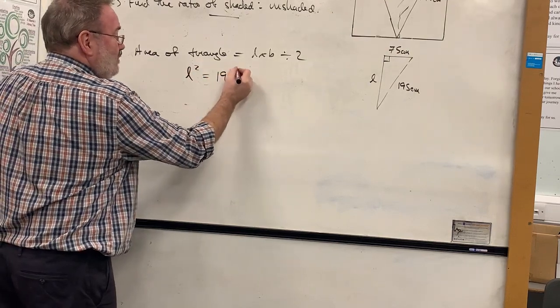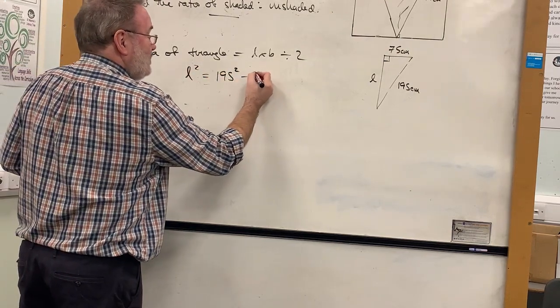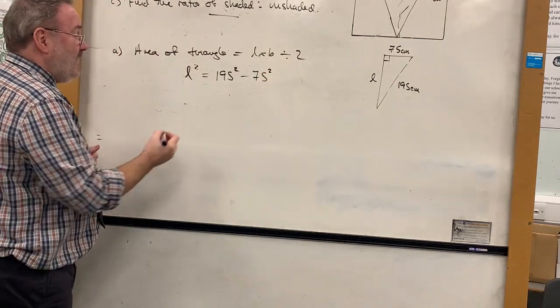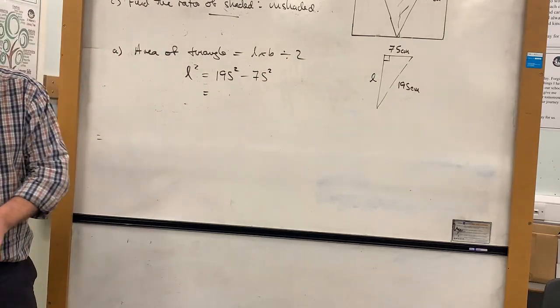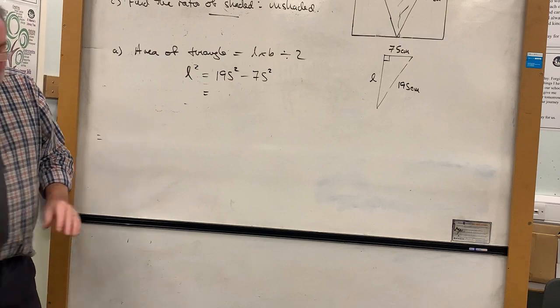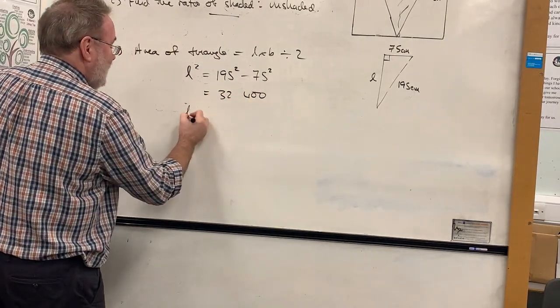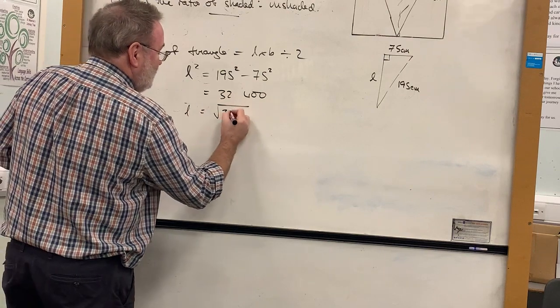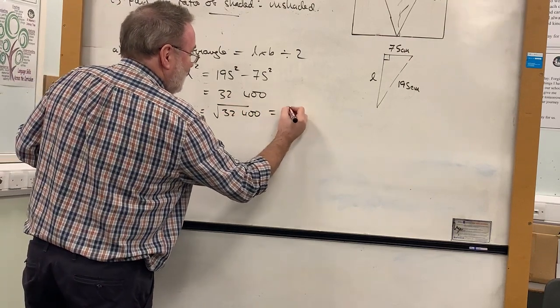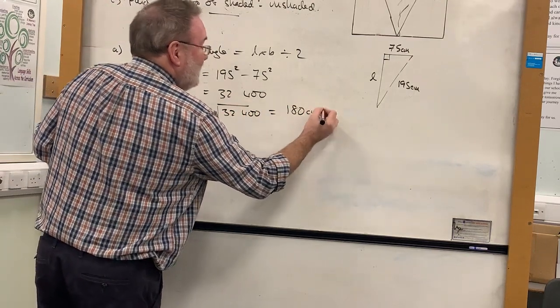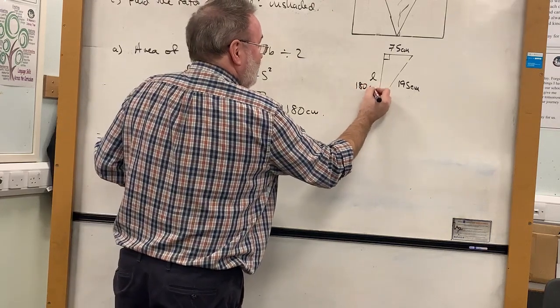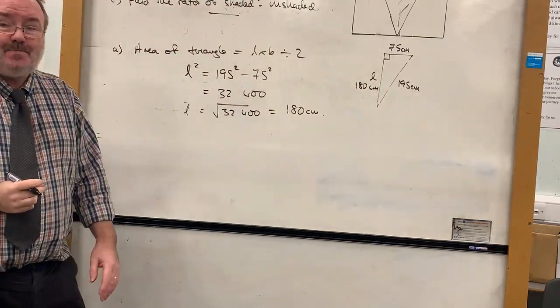So, L squared equals 195 squared, take away 75 squared. Now that turns out to be 32,400, and if we take the square root of 32,400, that gives us a length of 180 centimetres.